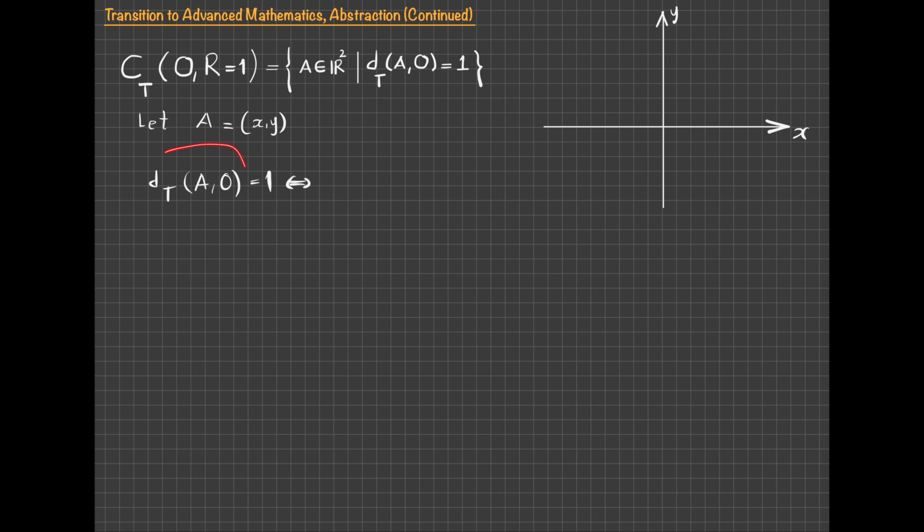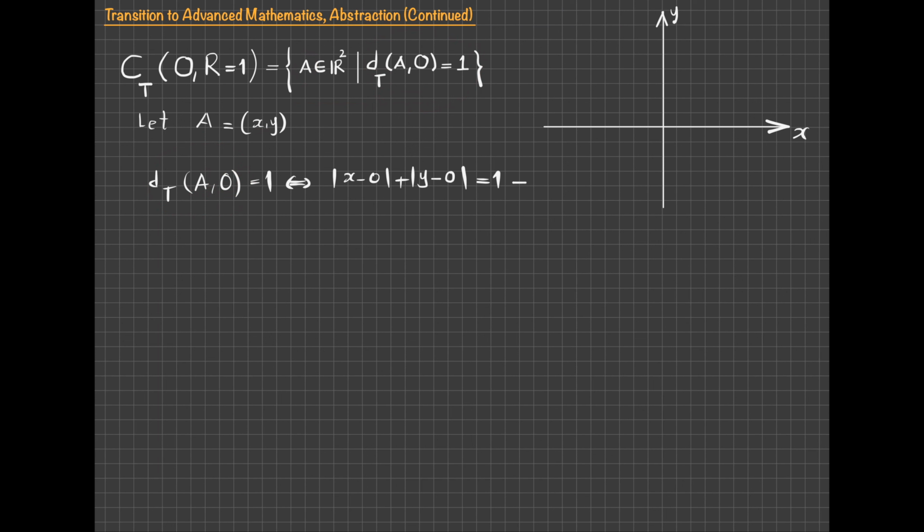this can be written as the sum of two absolute values equal to 1. But how can I fill in the absolute values? The x coordinate of this point minus the x coordinate of that point. The x coordinate of point A is x, the x coordinate of the origin is 0, so this becomes simply x minus 0, and then the difference between y coordinates. The y coordinate of A is y, the y coordinate of the origin is 0.